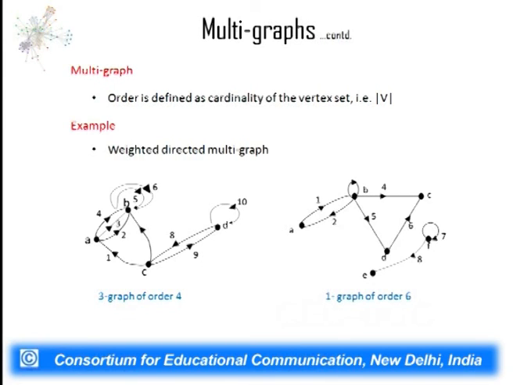And what happens in the next example? We can clearly see that there are 2 links between A and B. There are 6 vertices, so order is 6. But the graph is a 1-graph. A 1-graph means it's not a multigraph, so it's just a directed graph.